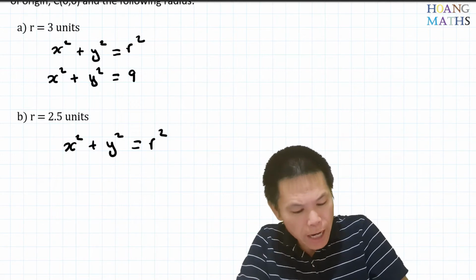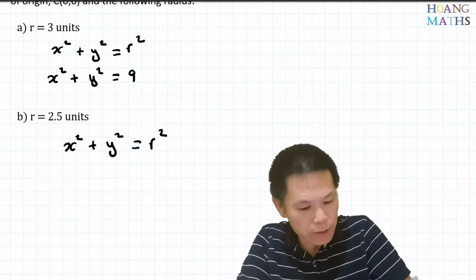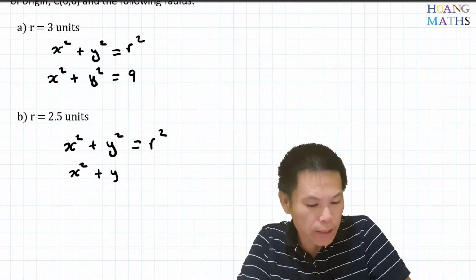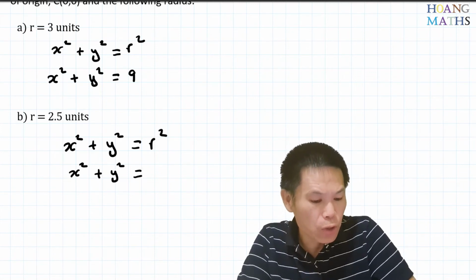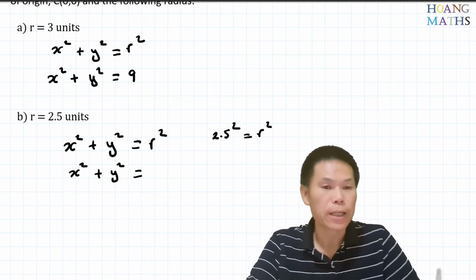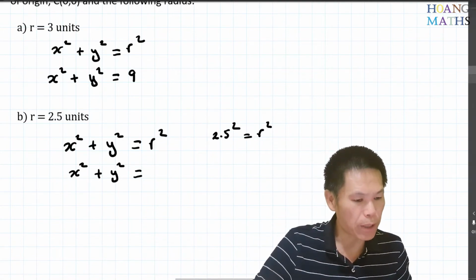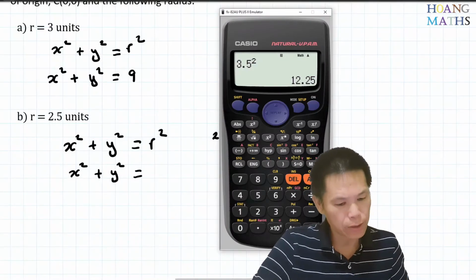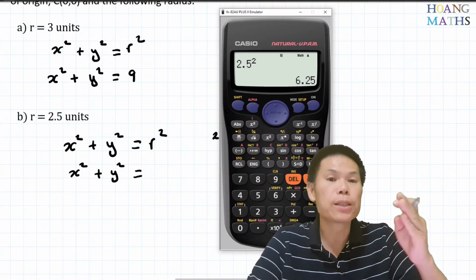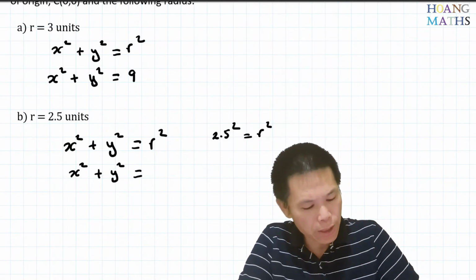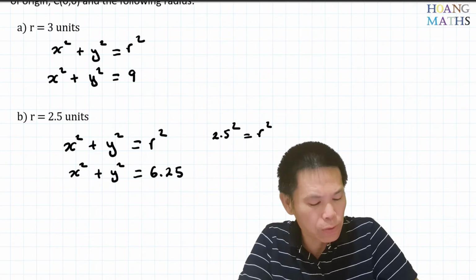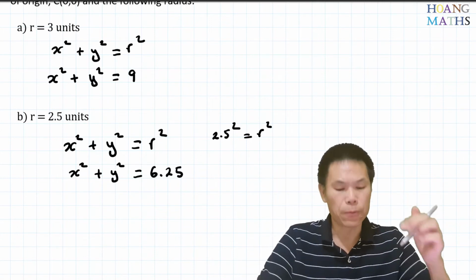And r is 2.5, so x squared plus y squared is equal to 2.5 squared, which is r squared, right? I just work this out by using a calculator. So 2.5 squared equals 6.25. So therefore, this is 6.25. There you go.